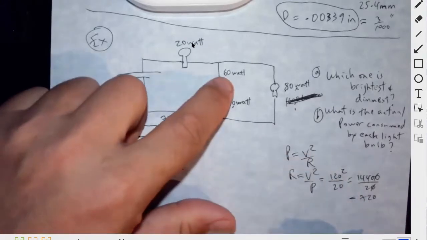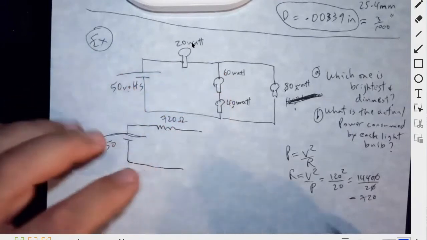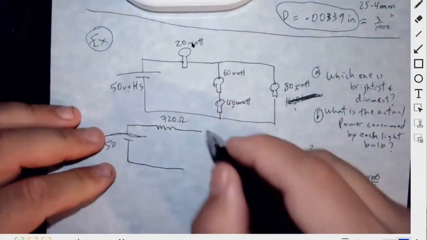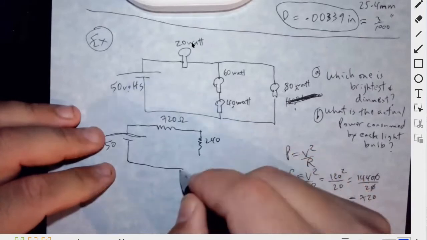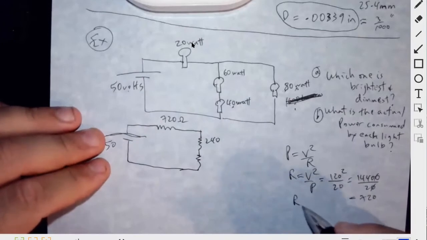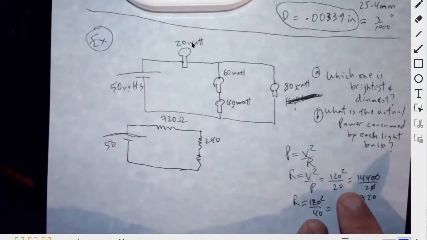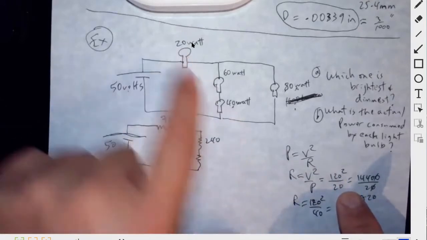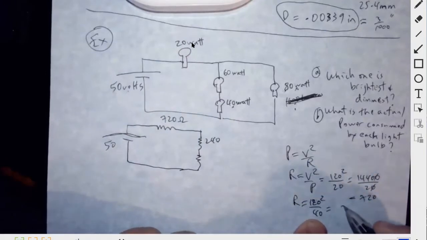Right, and then the 60 we already know from the previous example. The 60 is 240, right? And the 40: if it's twice the power of that, then it's going to be half the resistance, so the 40 is going to be 360.